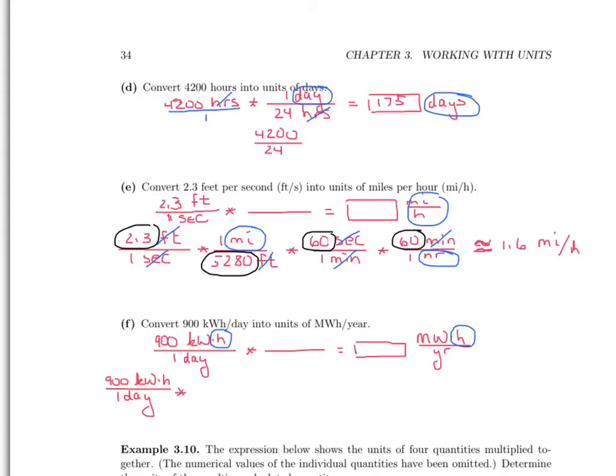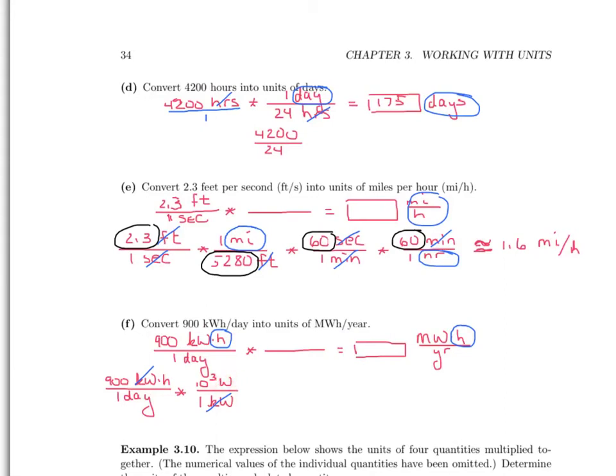So I'm going to write 1,000 watts, which would be 10 cubed watts, over 1 kilowatt. I know that this is the right conversion factor to get rid of kilowatts because I'll have kilowatts in the numerator and kilowatts in the denominator, so they cancel. And this leaves me with watts.